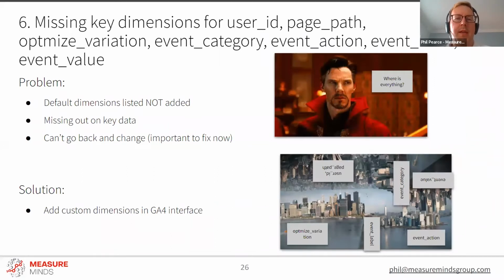So number 6, we've got custom dimensions in GA4. There are some that you will always need, which should be present out of the box, but they're not. So user ID and dimensions within GA4, they're all lowercase with underscores as separators, and Americanized spelling with Zs in this case. So you will definitely need user ID, event category, event action, event label, etc., and also optimized variation.